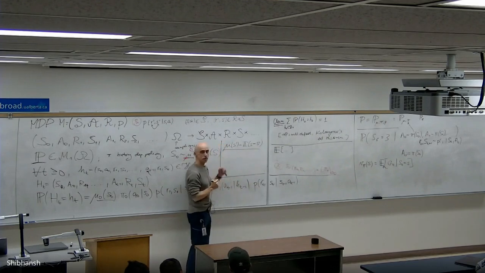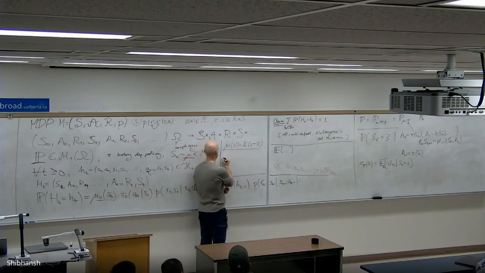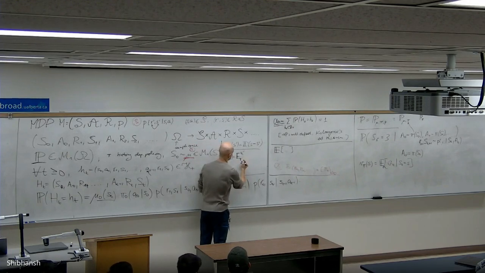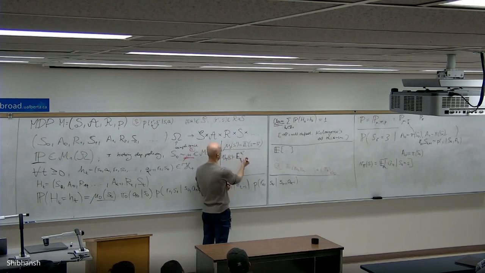And that's your mu. And then V pi of S is going to be the expectation of the return. So we have the initial state distribution here, so let's call it mu_S.